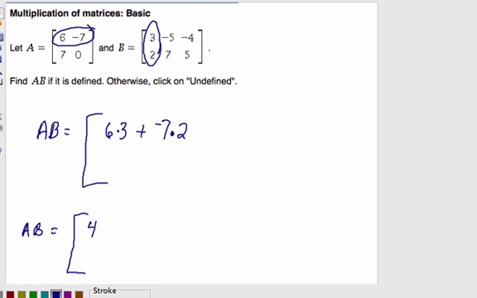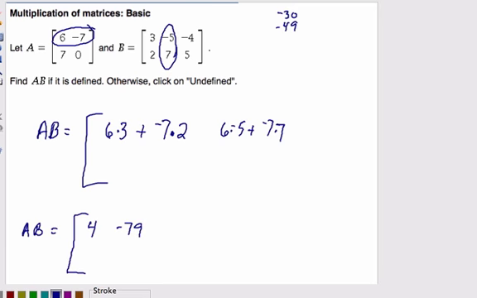Okay, so now we're going to continue this process, row 1 with column 2. First entries multiplied together, so that's 6 times a -5 plus a -7 times a positive 7. Okay, so that's going to give me a -30 and a -49, and that's a -79.